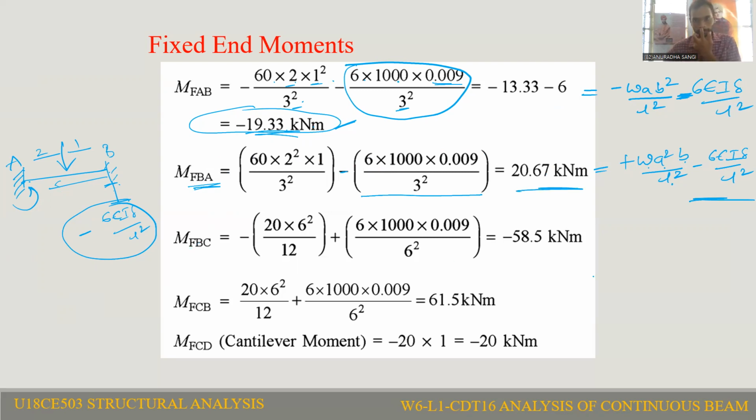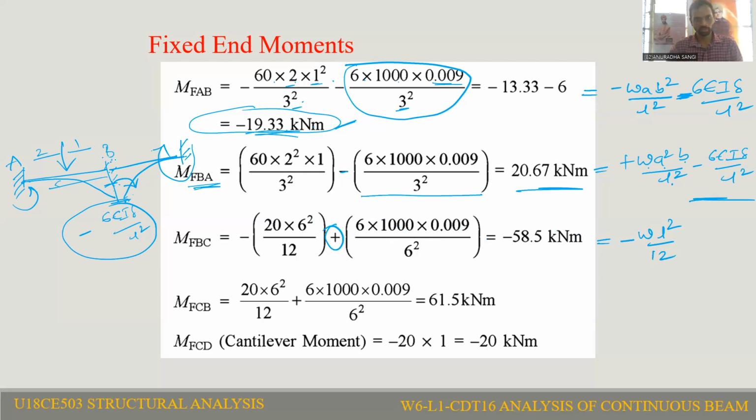So coming to the BC span. For the BC span, with respect to the right side support, the left side support is settling by delta. Because of this, here we will get a clockwise effect. A clockwise moment is going to develop. For the BC span, the uniform distributed load gives minus W L square by 12 for the left side support due to loading.